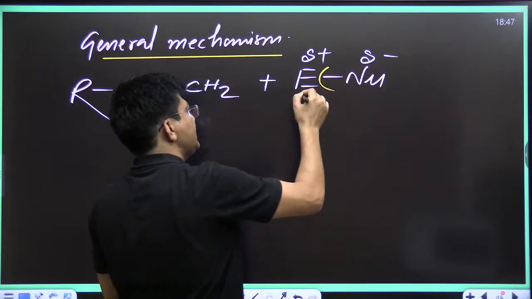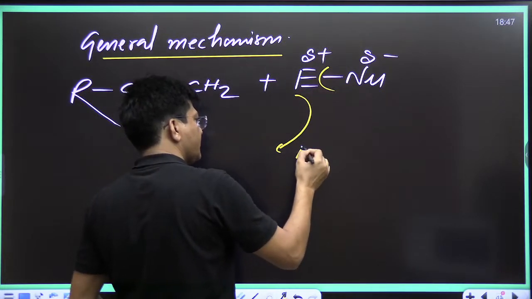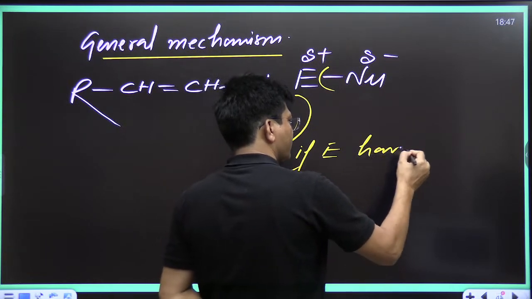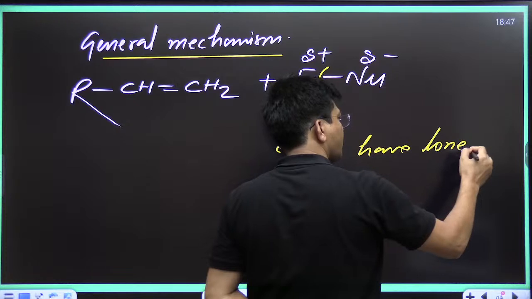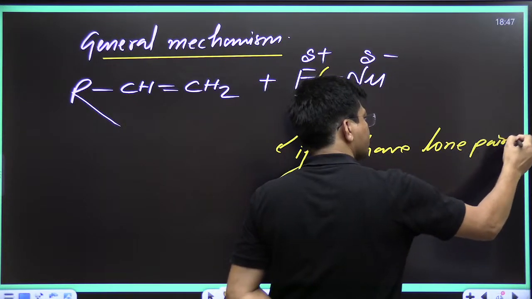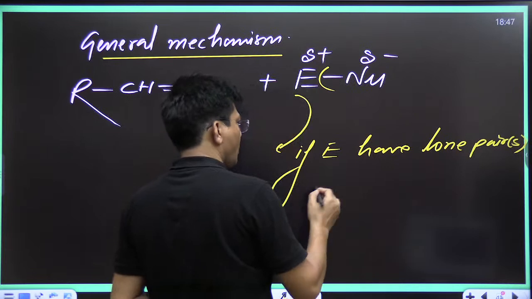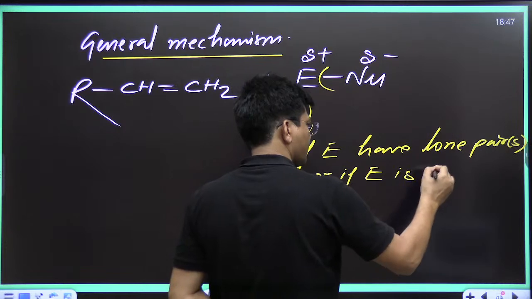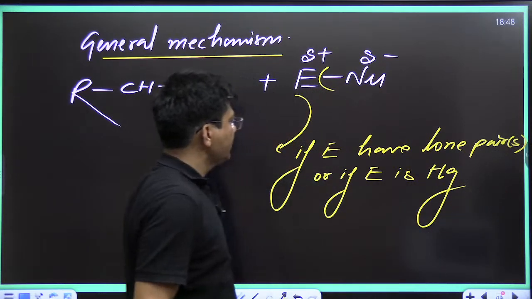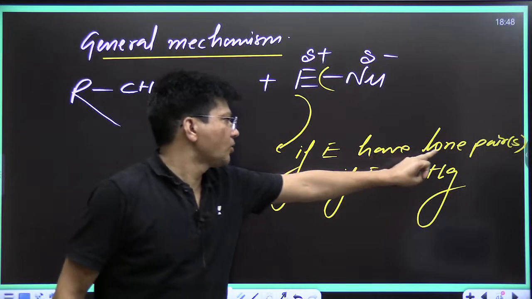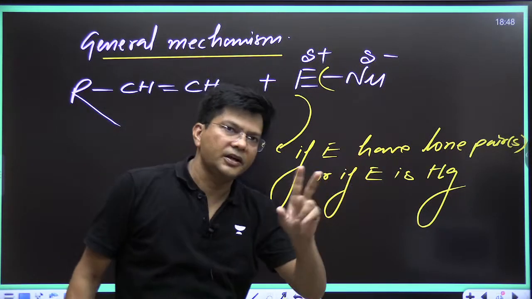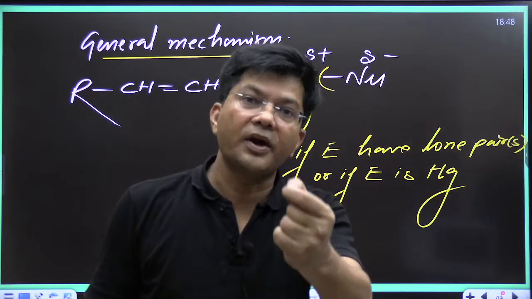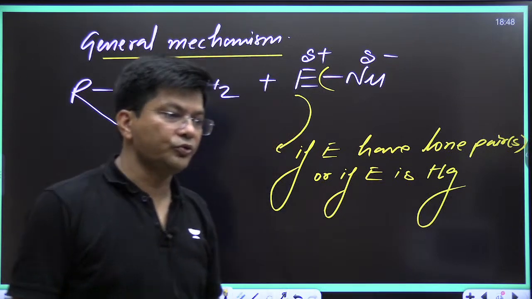Remember that if E has a lone pair or lone pairs, or if E is mercury, in these two conditions, this is a very, very important point, and this is the place where most of the students are going to lose marks.